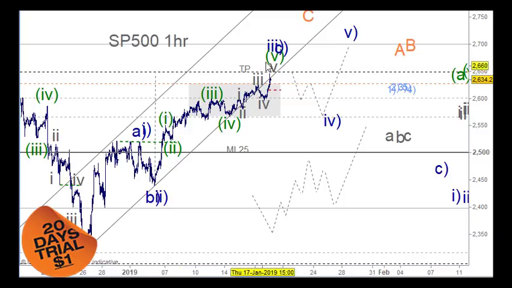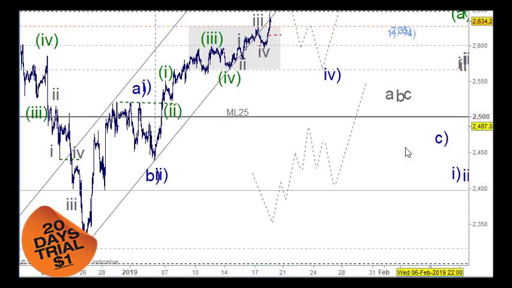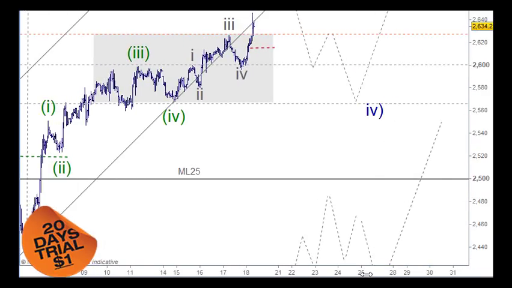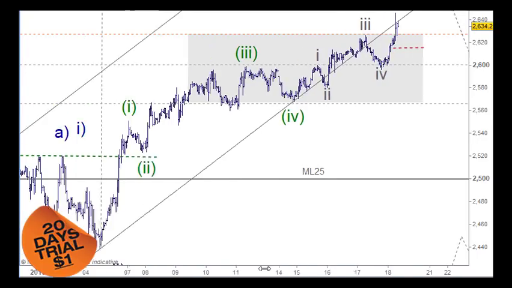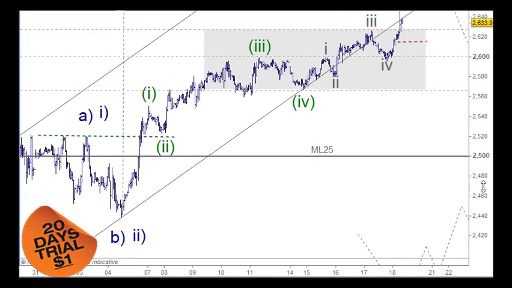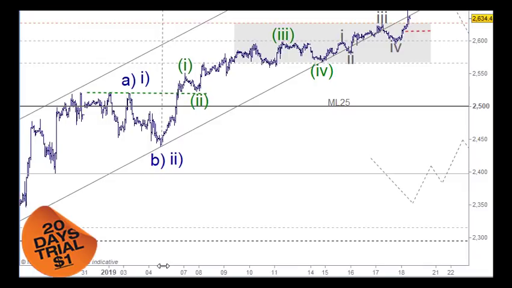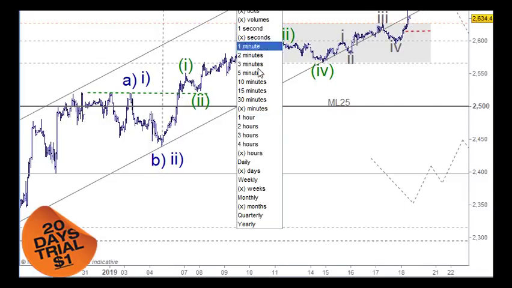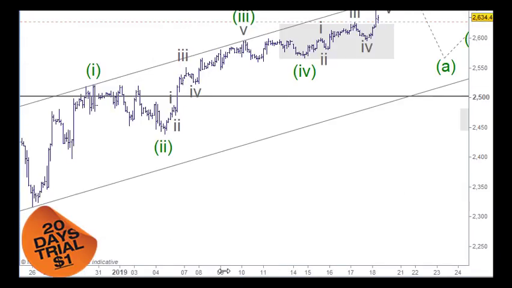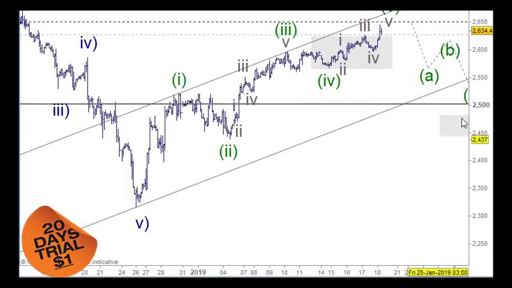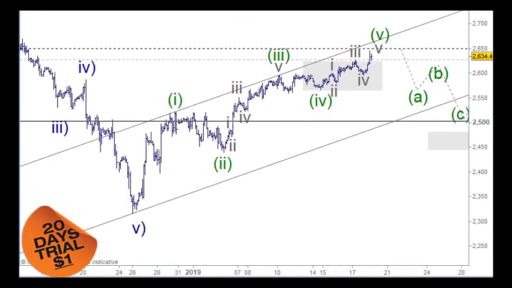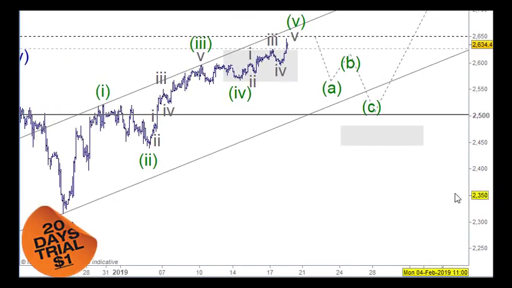Now, this little move up through here has been a bit complicated to figure out in some instances, so it's also possible to count this slightly differently. I'm going to go to the 2-hour chart here, and the video is really to explore and look at all the possible wave counts.